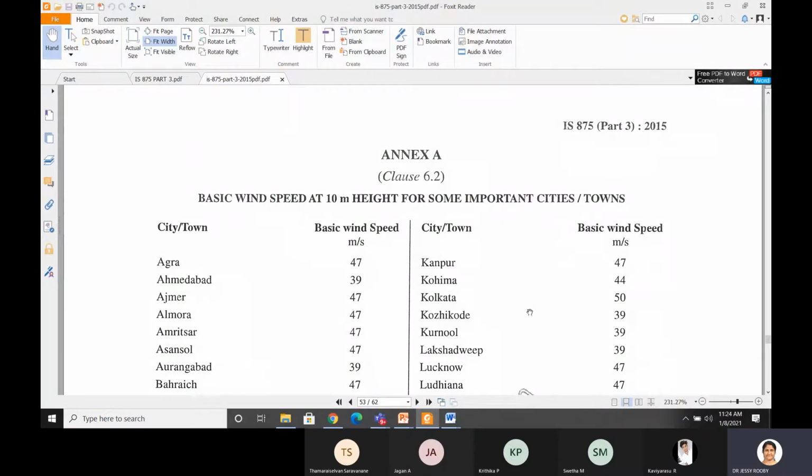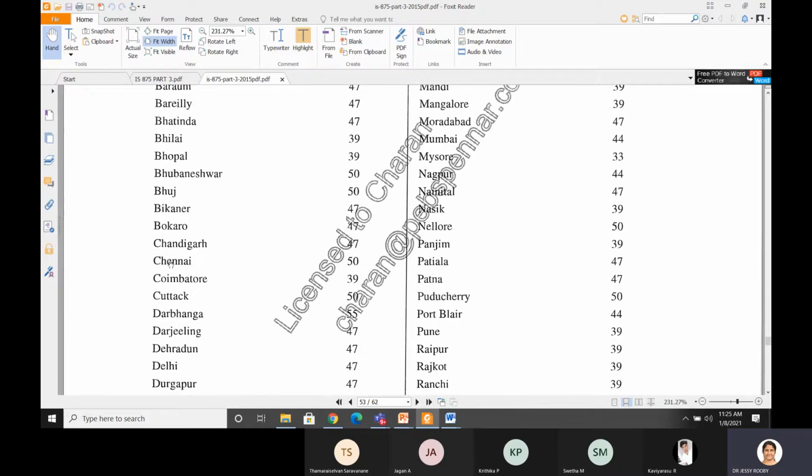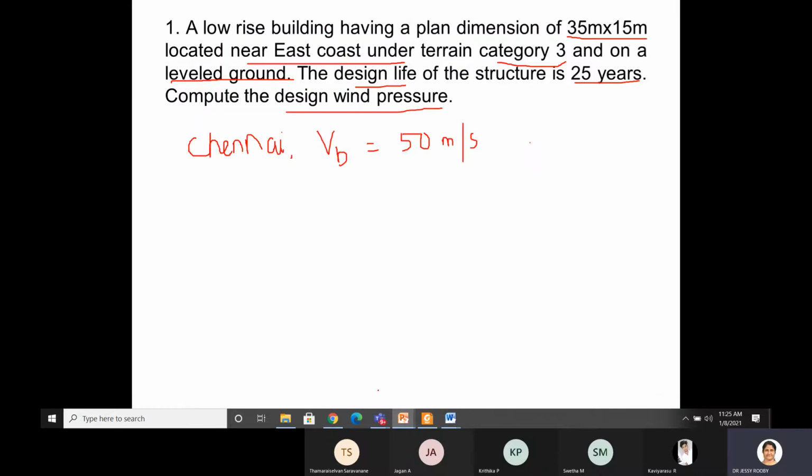If a city is not specifically mentioned and it says east coast, you can select any city or town near the east coast. So Chennai is on the east coast, and the basic wind speed is taken as 50 meters per second.